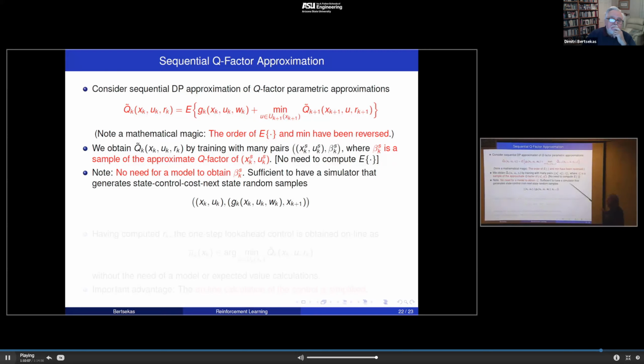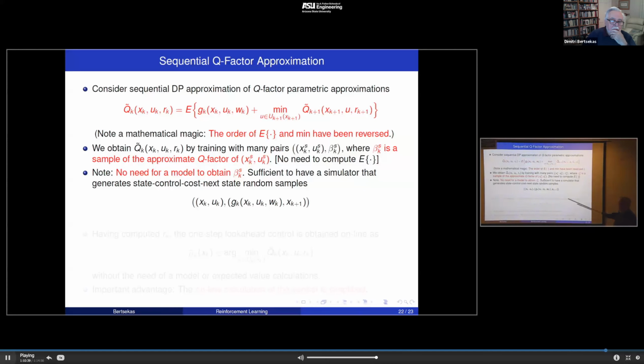It is sufficient to have a simulator that generates, for every state control pair, the cost and the next state. That's all you need to implement these calculations here. So a simulator will work, and you don't need to have a model in the sense of the probability distributions of WK, explicit analytical formulas for that. The simulator to generate samples is sufficient.